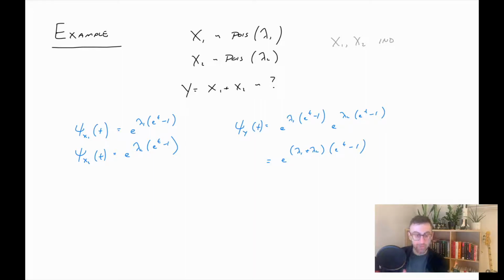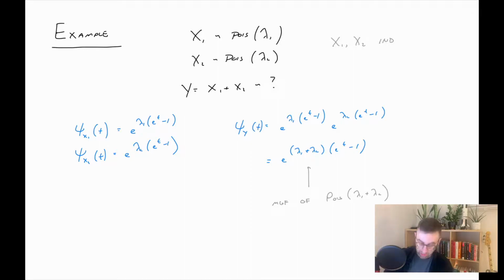And now I look at this and say, that's familiar. This is the moment generating function of a Poisson random variable with parameter lambda 1 plus lambda 2.